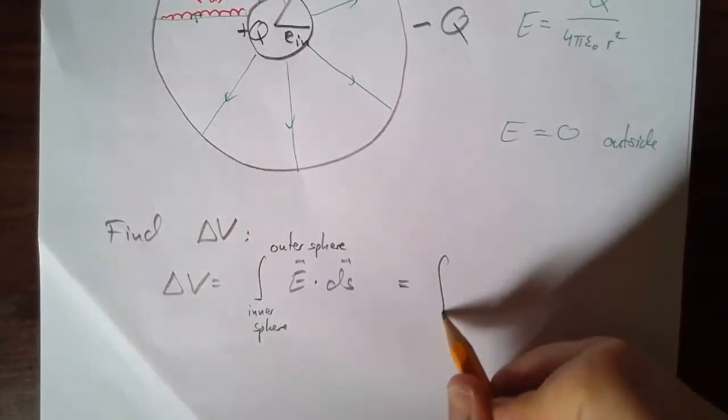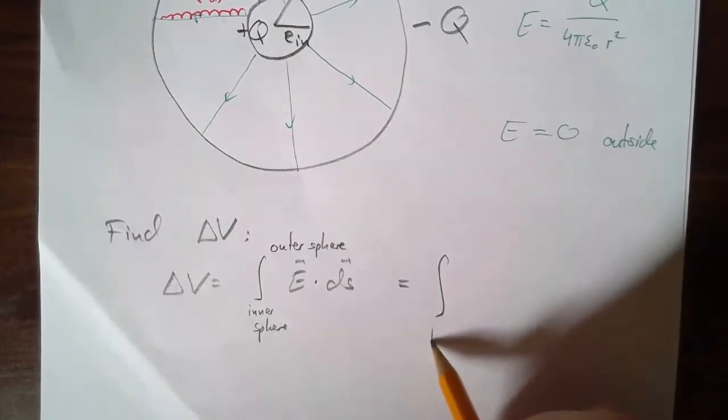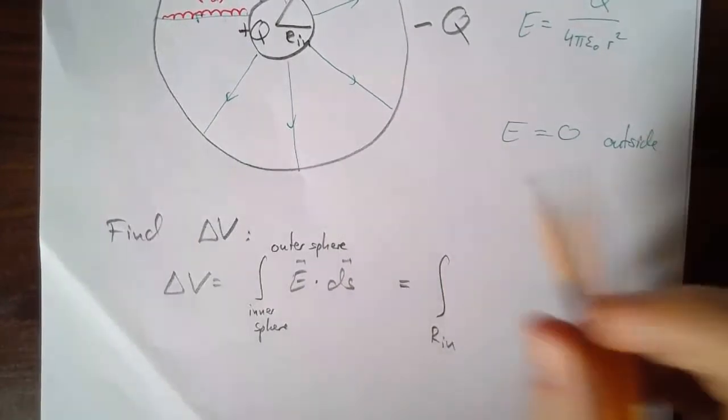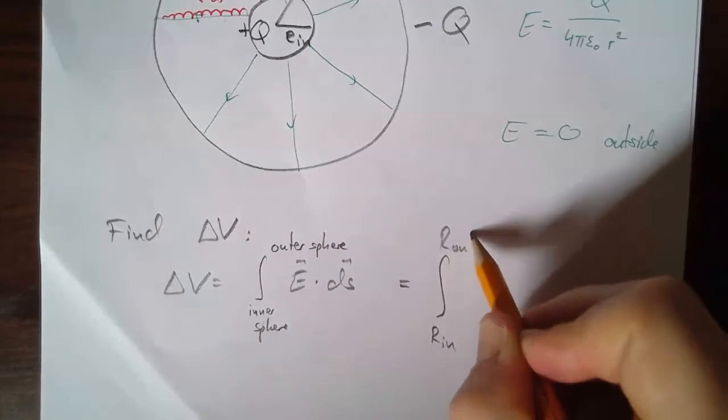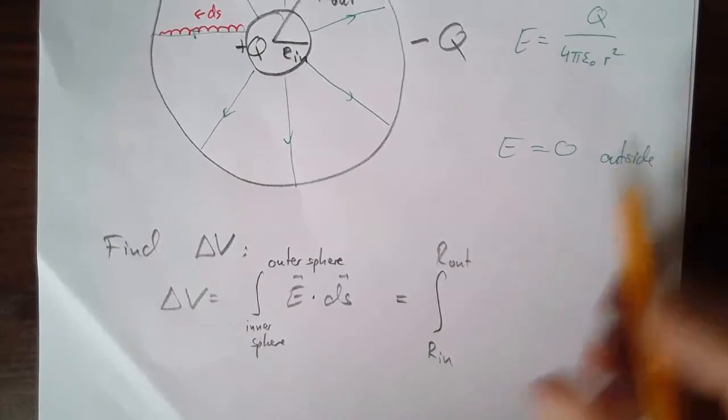So the integral is going to look like we're going from the inner r to the outer r. This is the electric field.